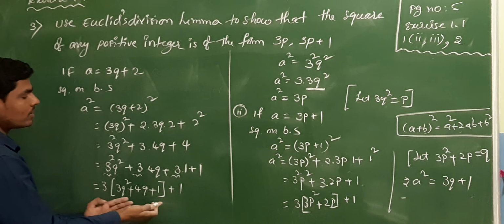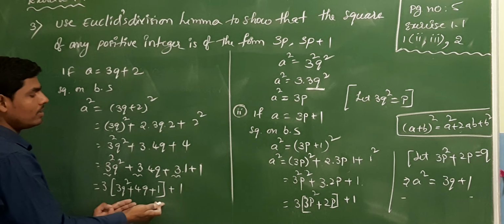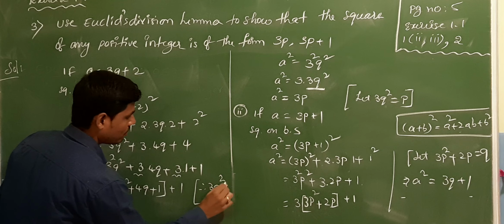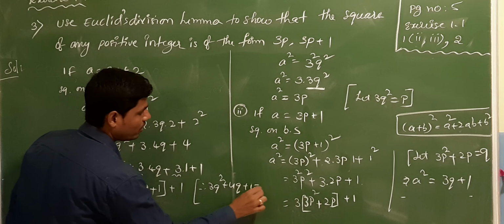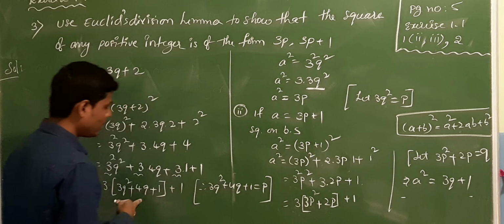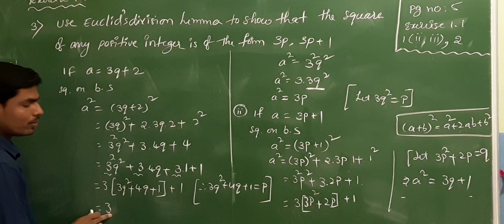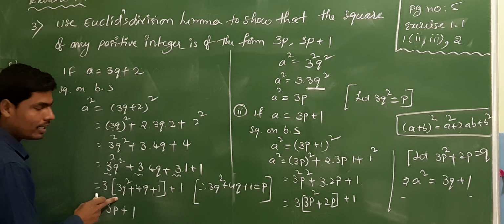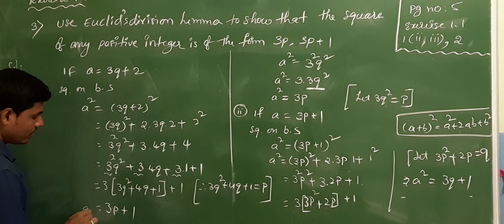Now 3 into something plus 1. That something, if you take p, that is 3q square plus 4q plus 1. If you take p, substitute in that place: 3 into p plus 1.